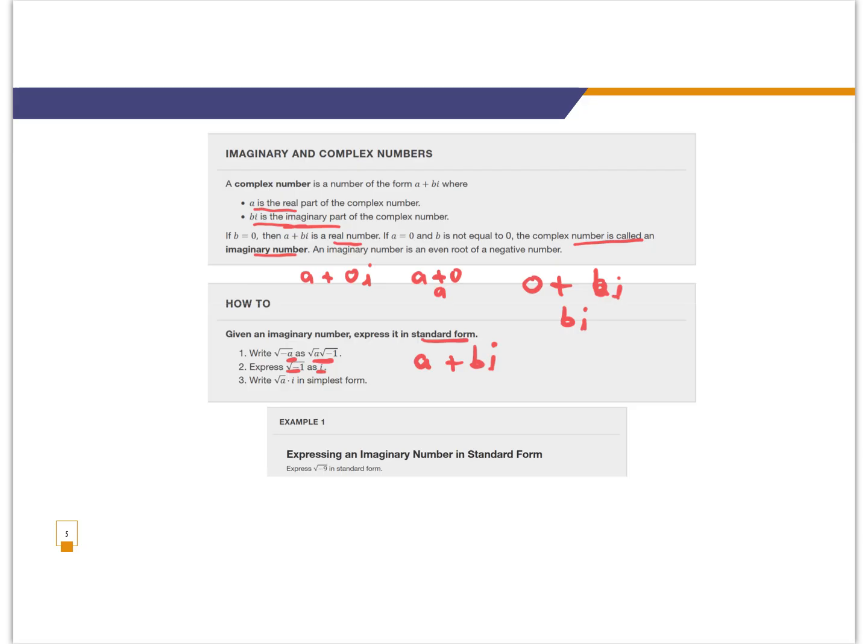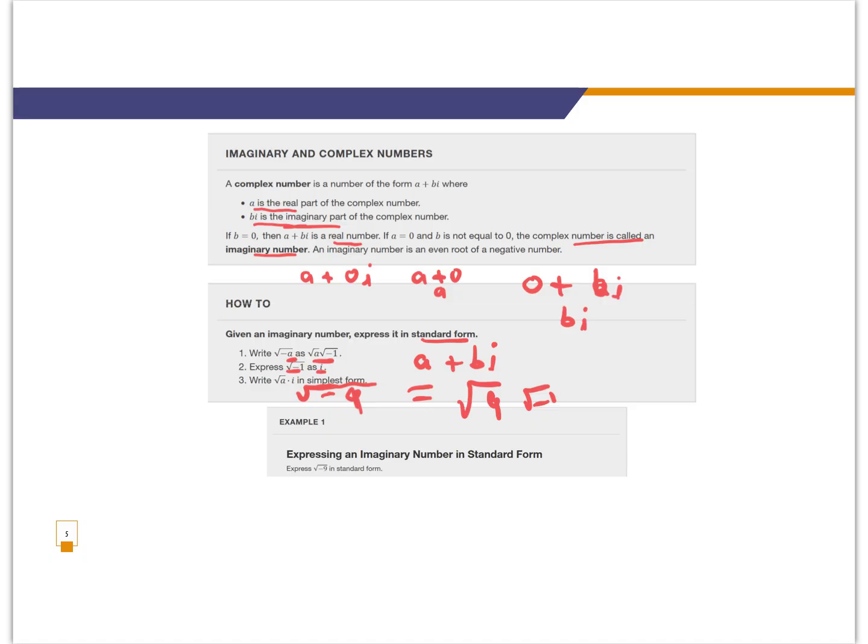So like, I'm doing an example before example 1. If I'm looking at the square root of a negative 9, pull out the negative number from the square root of 9 and call it the square root of negative 1.